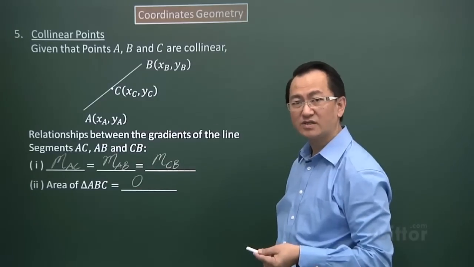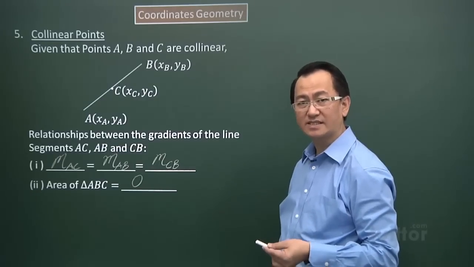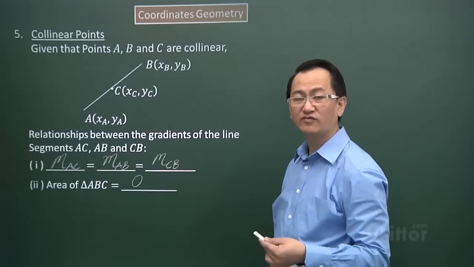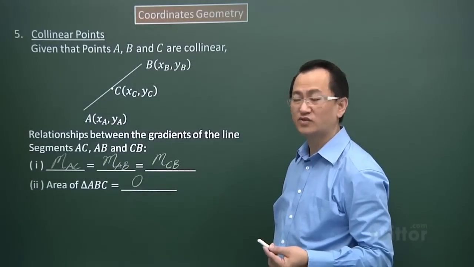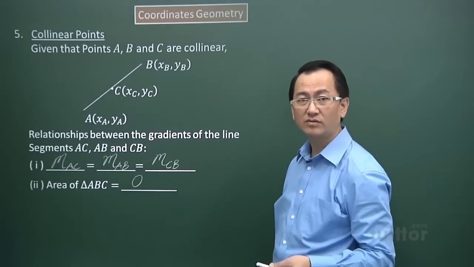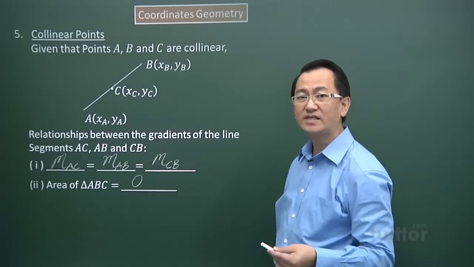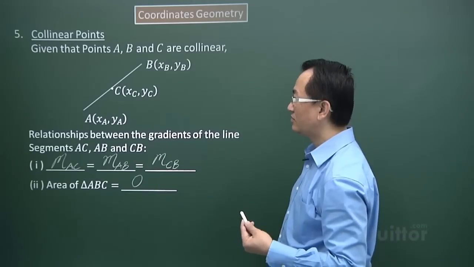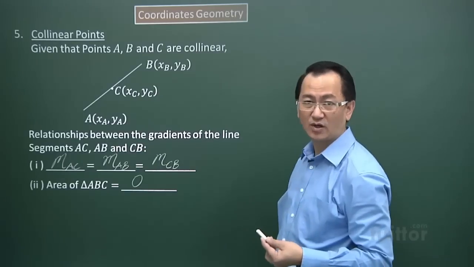Are the gradients between the line segments the same? Or another way to test it would be to find the area of the triangle ABC, whether the area is 0 or not. If the area is 0, then we have a case that A, C, and B are collinear.